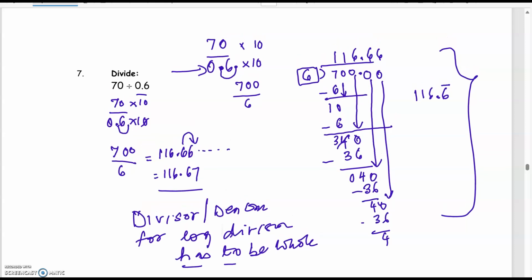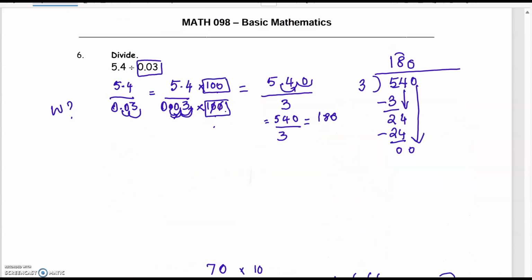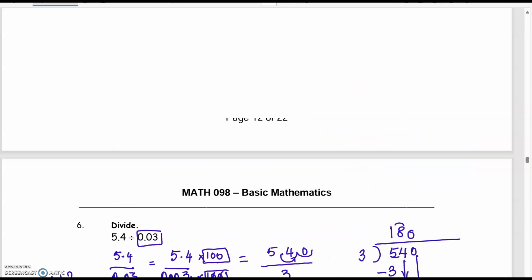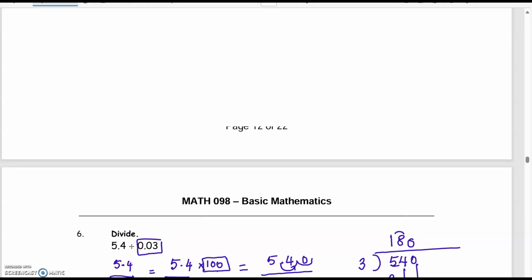And keep dividing by adding zeros. That's how decimal division is done. Whole number division, we just stop as soon as we get the remainder, but decimal division, you can keep adding zeros until you get a terminating decimal, which means a decimal that ends, or a recurring decimal.